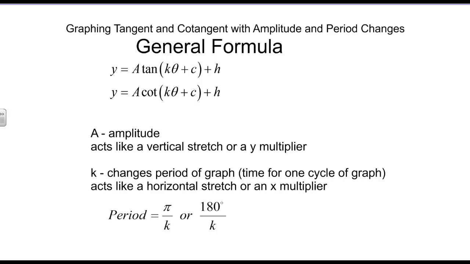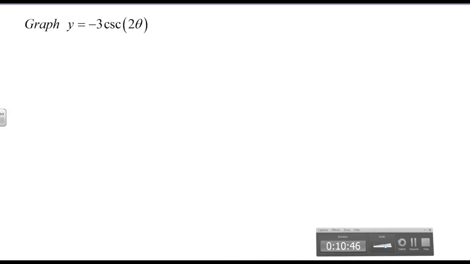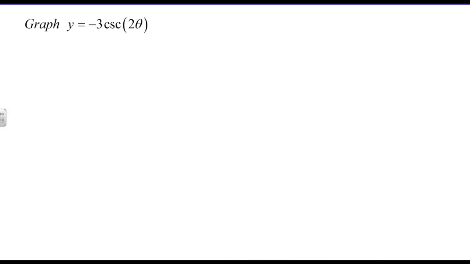But the thing we have to note here is that the period is now going to be calculated by pi over k or 180 over k, depending on what you're using, radians or degrees. So we'll keep that in mind as we go through the problem. So now we're going to actually graph some functions with period changes and amplitude changes.